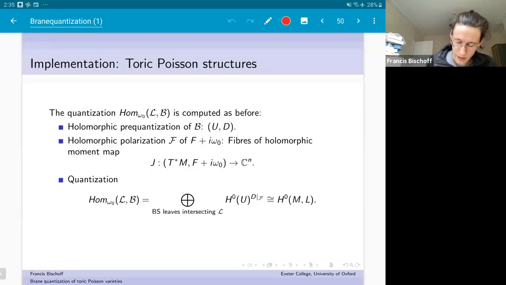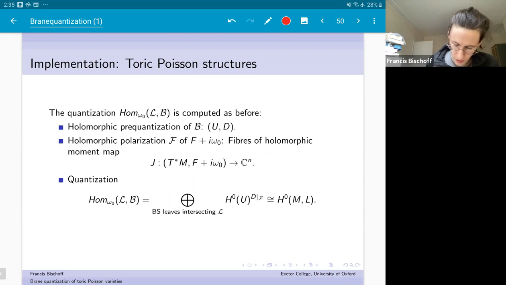And so what that means is that the space of homomorphisms between them is going to give us basically the same answer as before. These branes are unchanged.